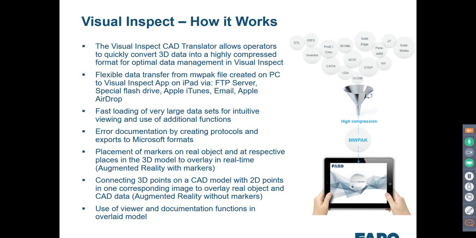There are 2 or 3 or 4 different formats specific to that market that we can also handle. So whether somebody has SolidWorks or Pro E or IGES, Inventor, CATIA, whatever it might be, we can take that into our universal translator. The translator would be located in your tooling CAD area, and then once you do your compression and you've got that compressed file, you can load that in various ways onto your iPad.